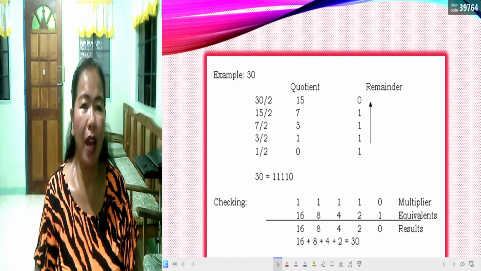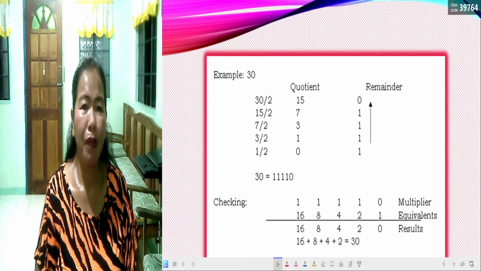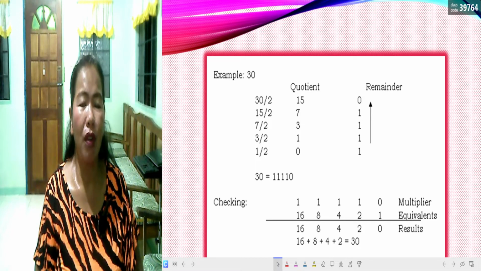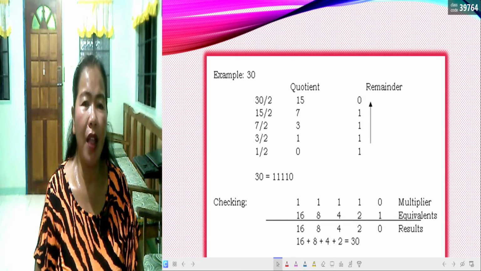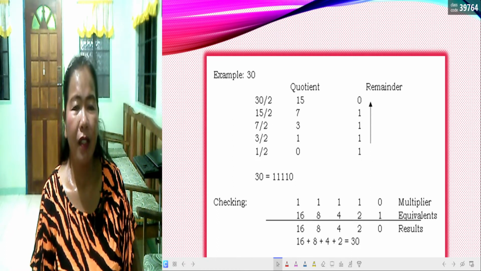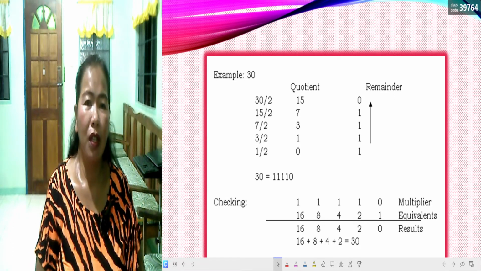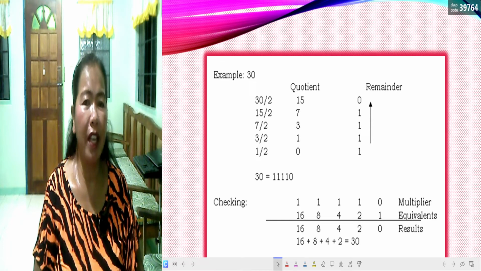So you have to write 11110 as our multiplier equivalence. Then under those numbers written 11110, you have to place 1, 2, 4, 8, 16. So that number is being multiplied by 2 to the exponent starting at 0.